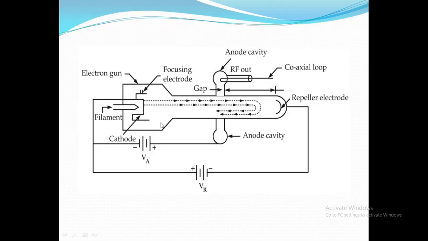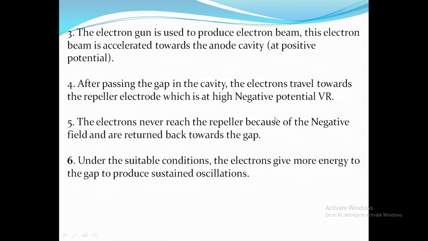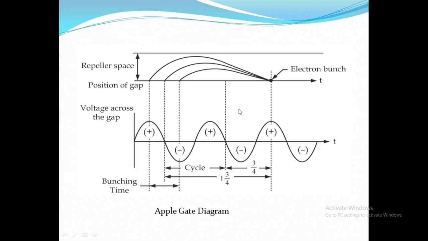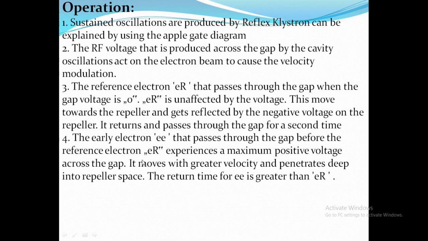Coming to the early electron. Here we see electron bunches, repeller space, position of the gap, and voltage across the gap. This is an Applegate diagram.